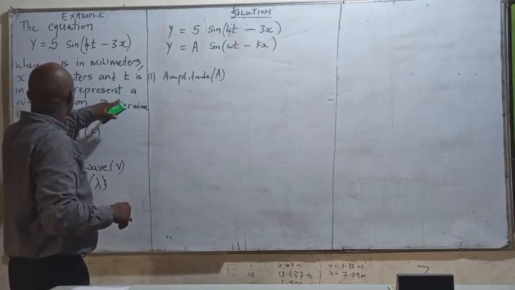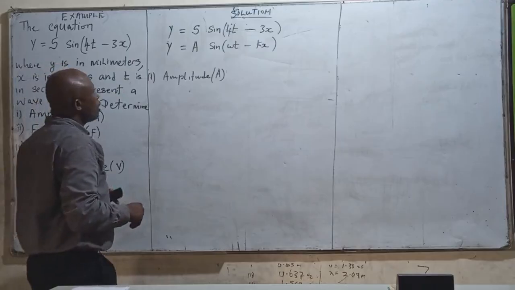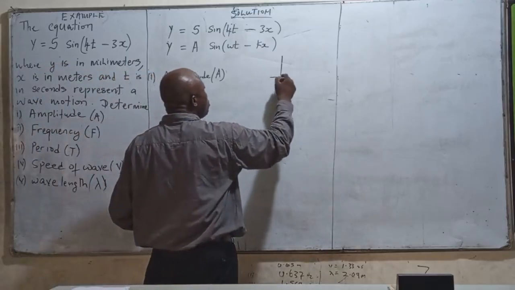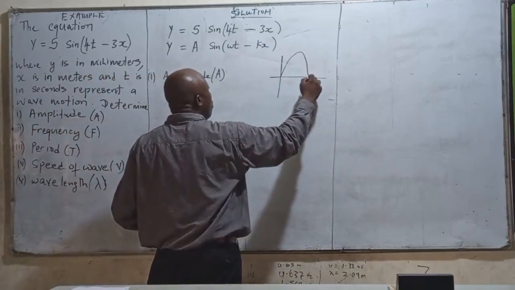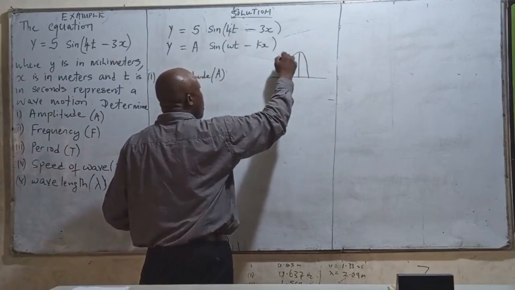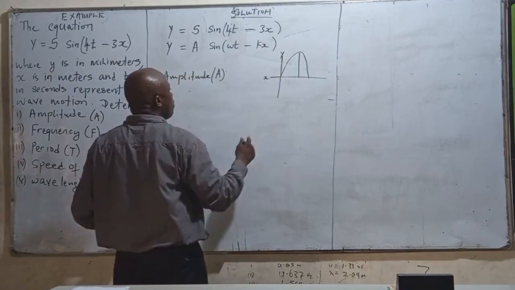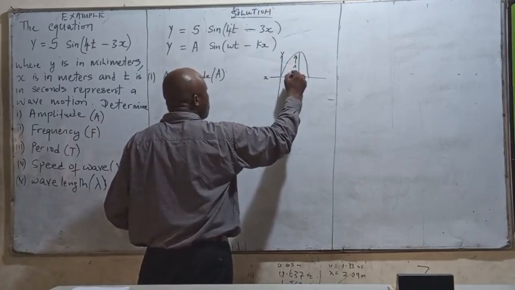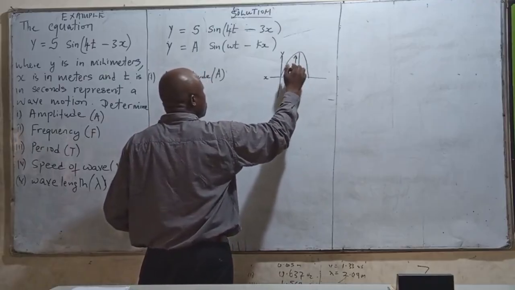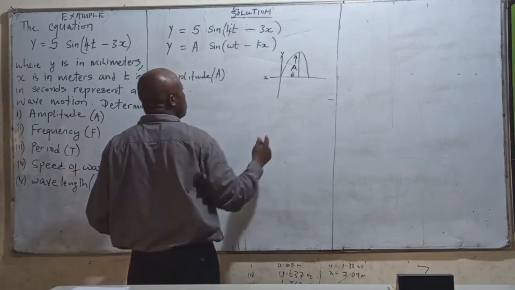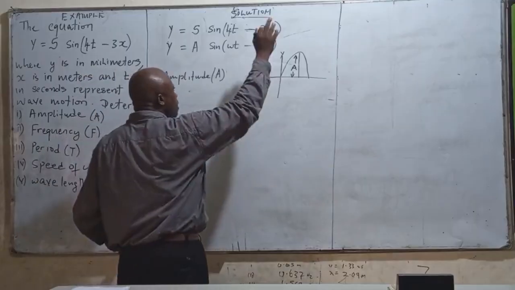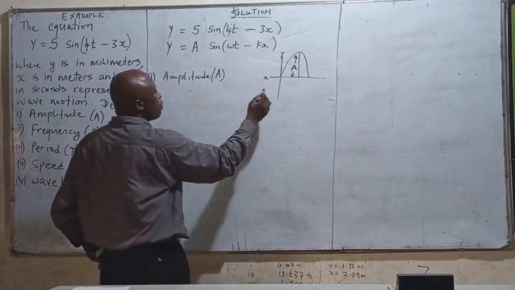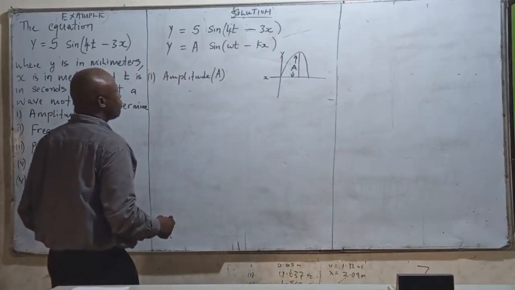Here, recall that the amplitude is along the vertical y and horizontal is x. So we have the amplitude A along the vertical. Amplitude is the maximum displacement from the horizontal position 0.